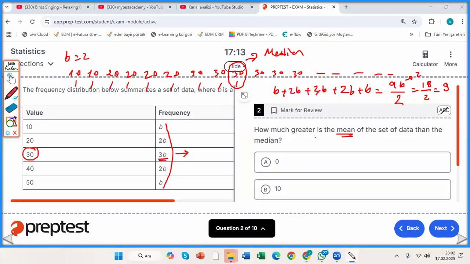So you are asked how much greater the mean of the set of data is than the median. As you can easily realize, the mean and median values are the same. That's why option A is true for this question. Because I don't want to lose time, I didn't prove it by calculation, but you can also see it if you make the calculation. Okay.